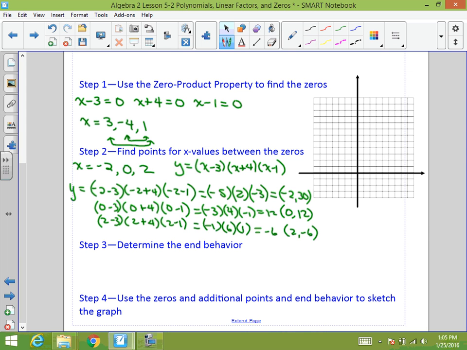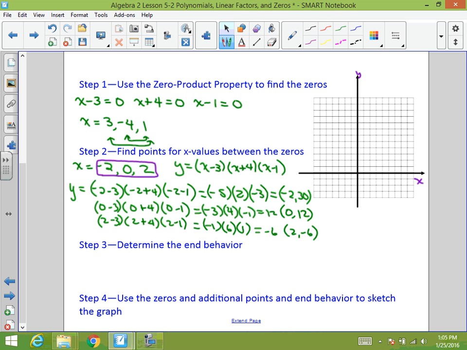Now I'm going to plot the points where there are zeros. Remember, if it's a zero, that means y is 0. So these 3 points here are zeros. It's where it crosses the x-axis.